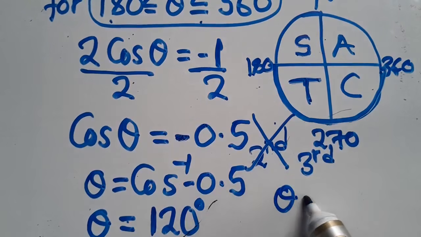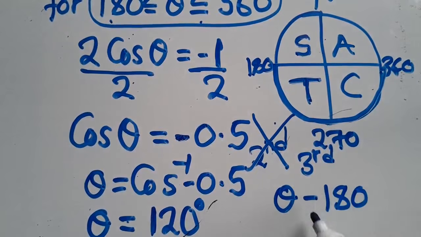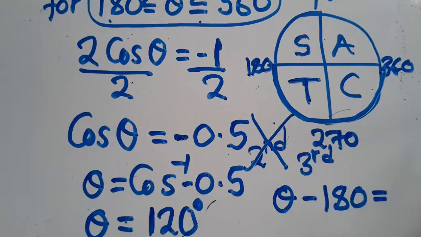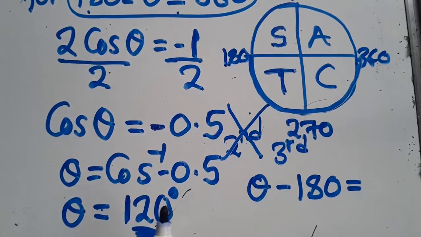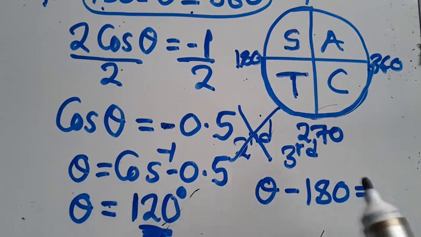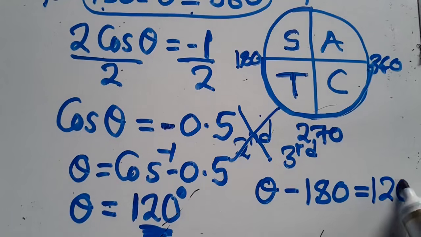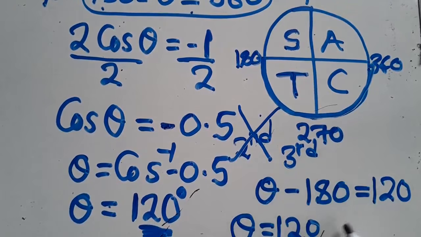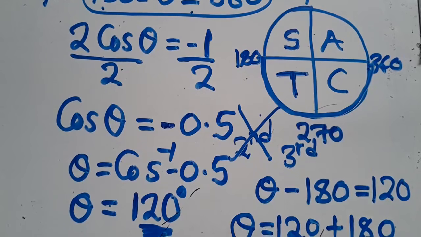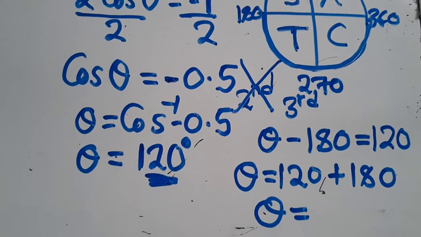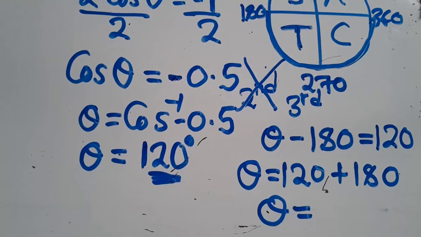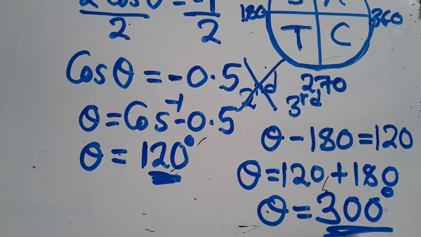It is theta minus 180, equal to the 120 we found. So theta is equal to 120 plus 180. What is your answer? 300. You get 300 degrees. This is your answer.